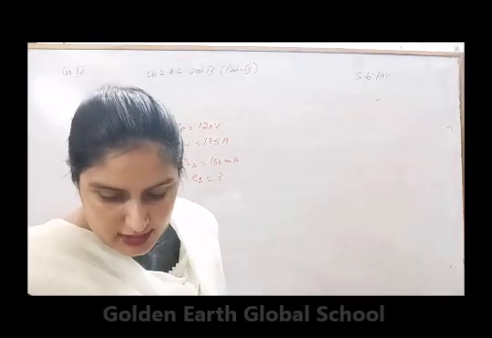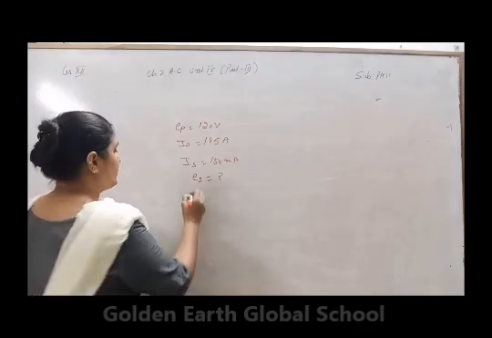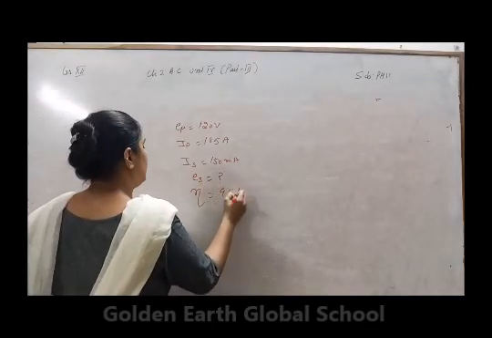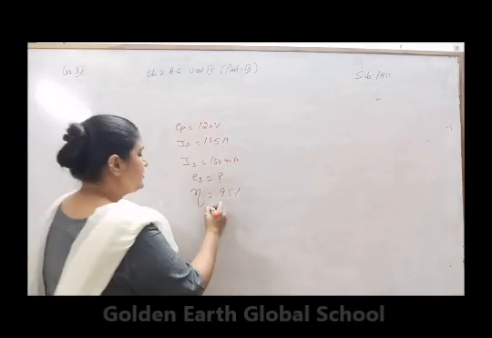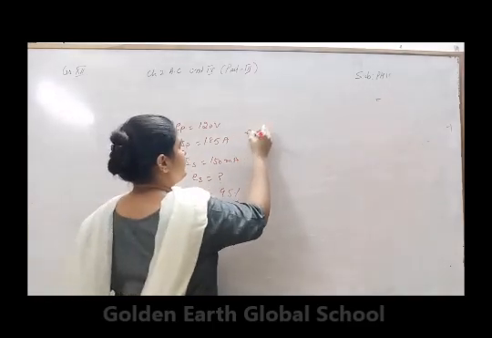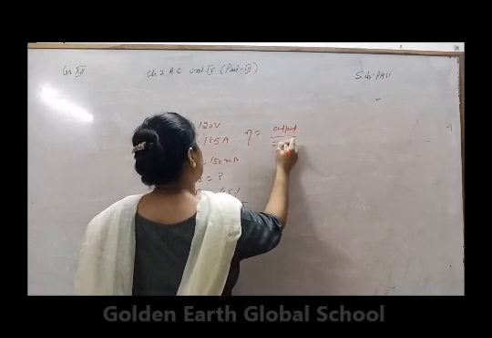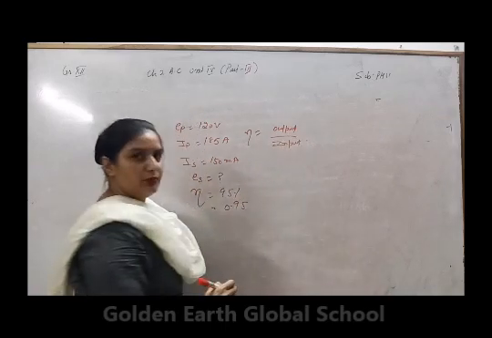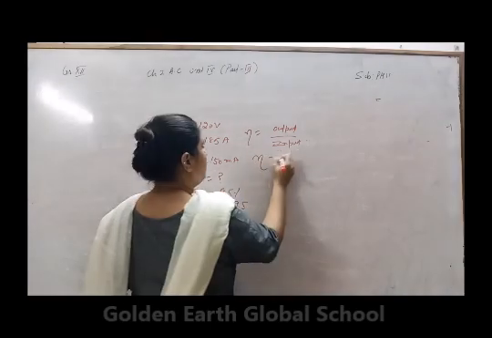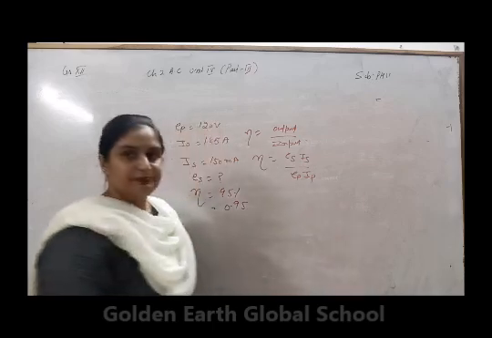It is the current delivered by the secondary coil, and we have to calculate the ES. Next one: the transformer has an efficiency of 95%, or you can say 0.95. The formula of the efficiency is given by output power upon input power. So efficiency will be equal to ES times IS upon EP times IP.